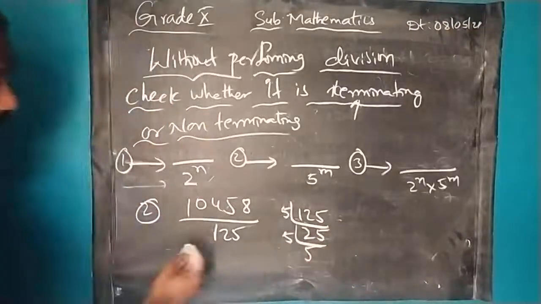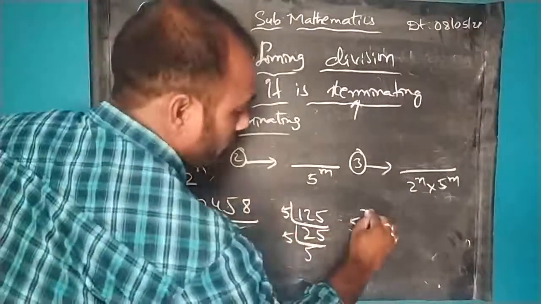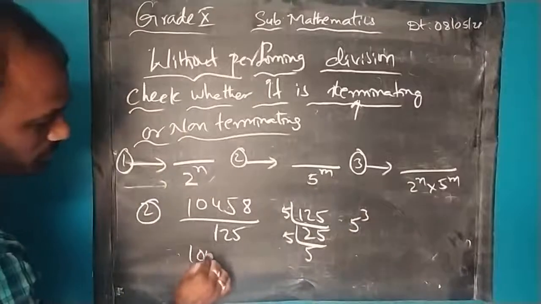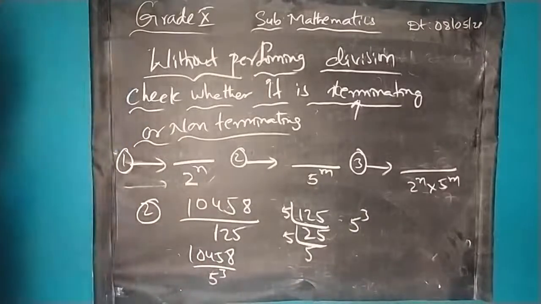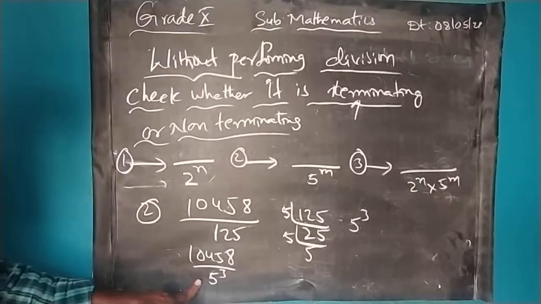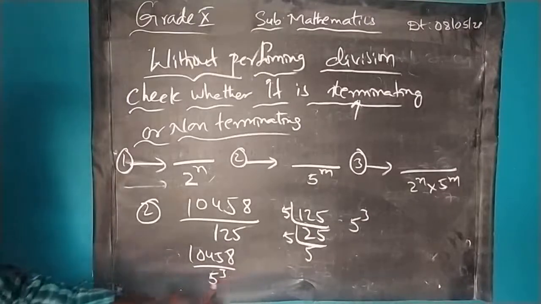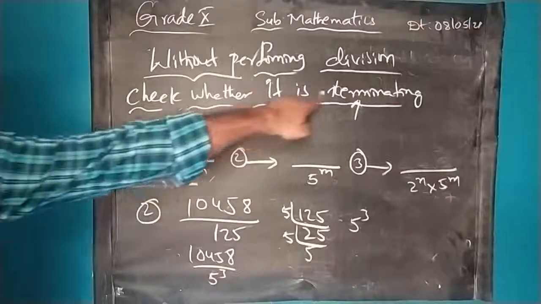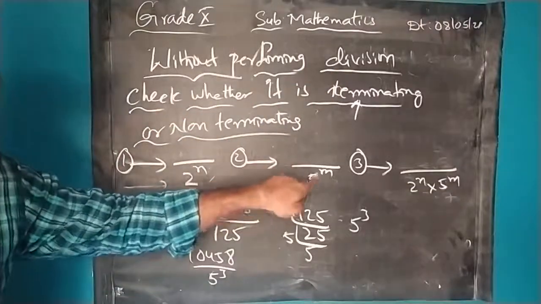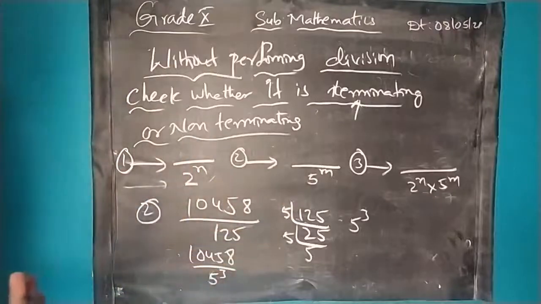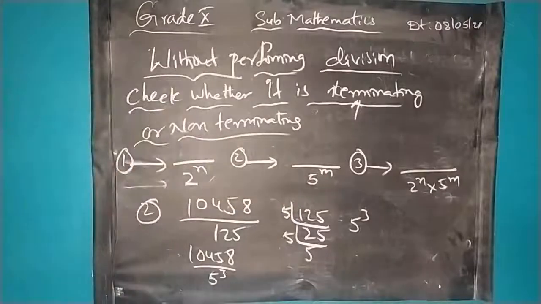So it is 5 power 3. So I can write 10458 by 5 power 3. Since it is in the form of 5 power something, I can call it a terminating decimal. Why? Because the second rule says that if the denominator is in the form of 5 power something, it is a terminating decimal. Next, let us see the third rule.